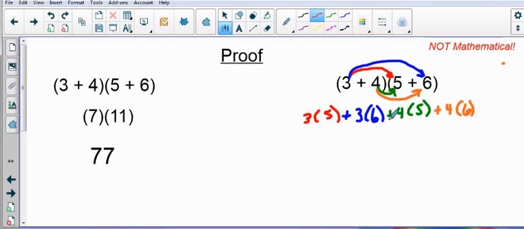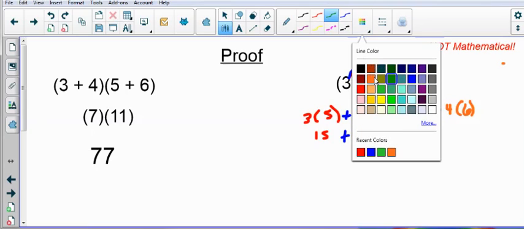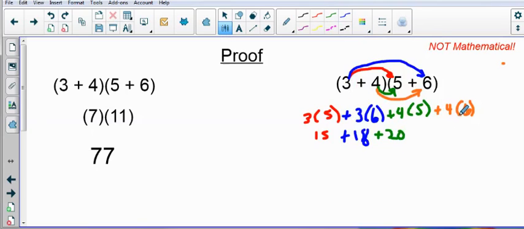So here we go. Have to do our multiplication first. That's 15. 3 times 6 is 18. 4 times 5 is 20. And then finally we have 4 times 6 is 24.